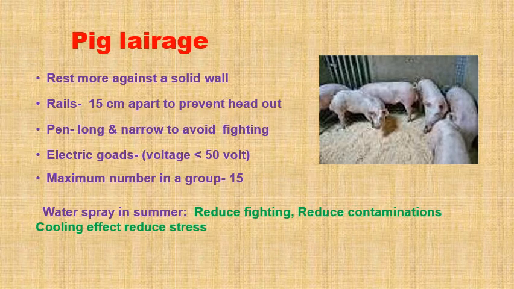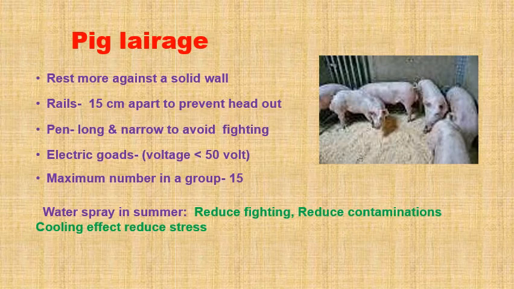Here are a few points about pig lairage. Pigs generally rest more against a solid wall and the rails should be 15 centimeters apart to prevent the head from going out. The pen should generally be long and narrow to avoid fighting. Electric goads are used for guiding the animals and the voltage should not be more than 50.